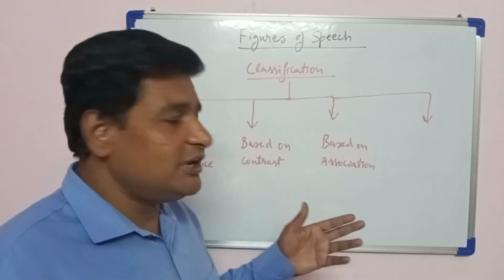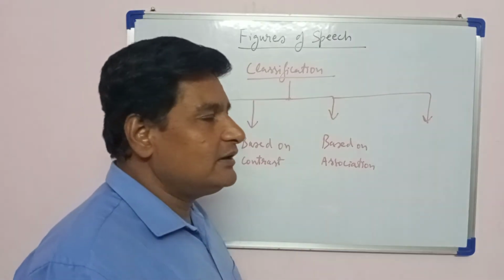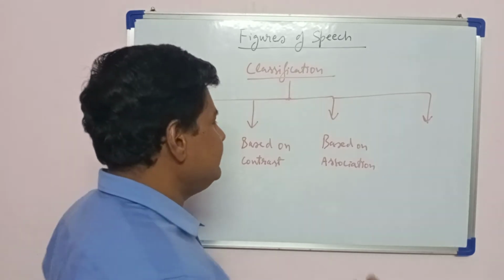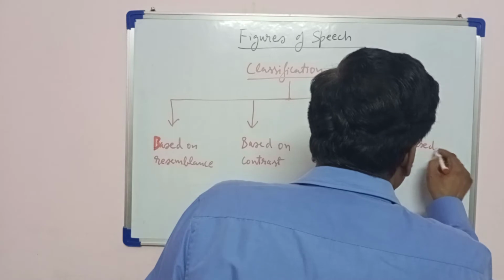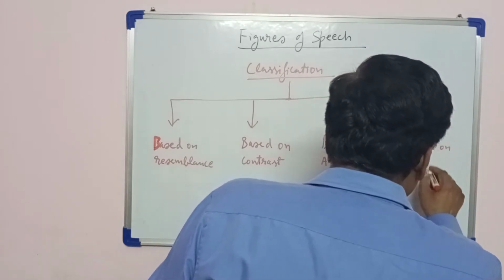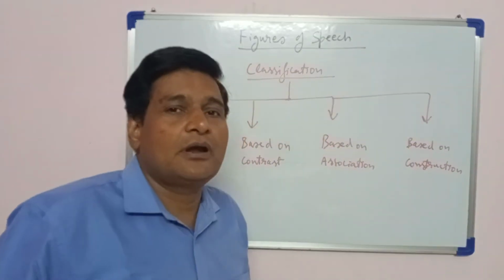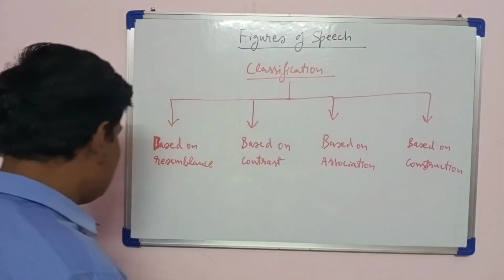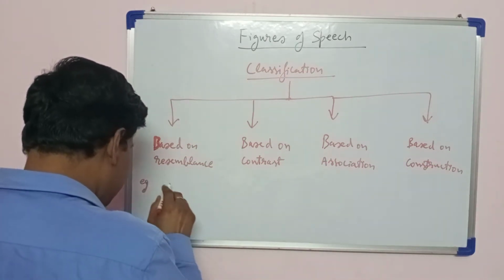Contrast means of opposite nature and association means of similar nature, or having certain association, certain similarity. And then based on construction.